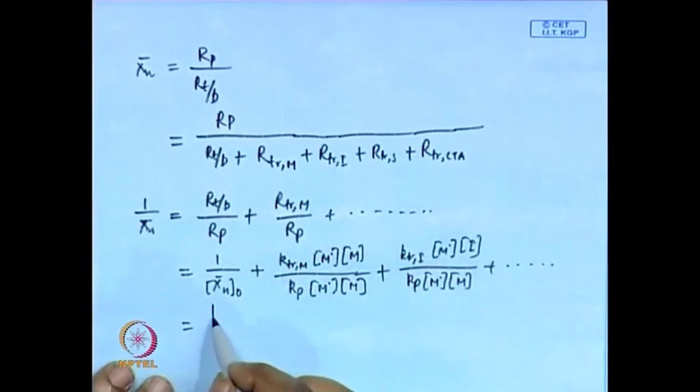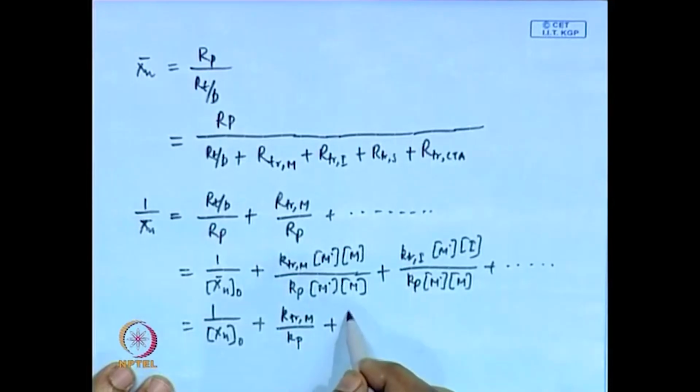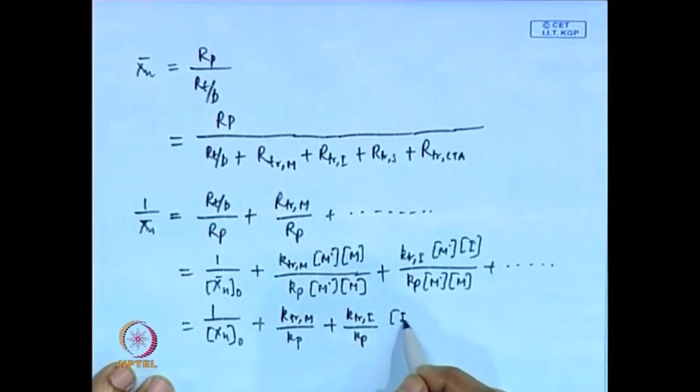Okay. 1 over x_n0 plus K transfer M by Kp, plus K transfer I by Kp times I by M, and so on. Okay.